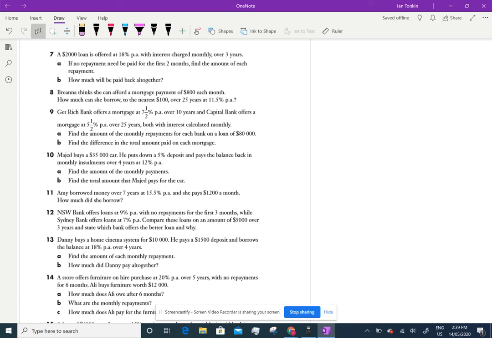So Brianna thinks she can afford mortgage repayments of $800. So she's buying a house. Good on you, Brianna. Get ahead of the game. $800 a month, and she wants to do it over 25 years, the normal term of a loan, and we need to work out how much she can borrow.